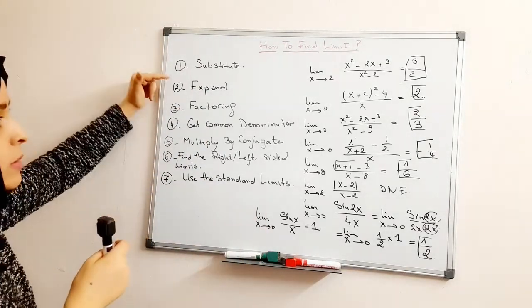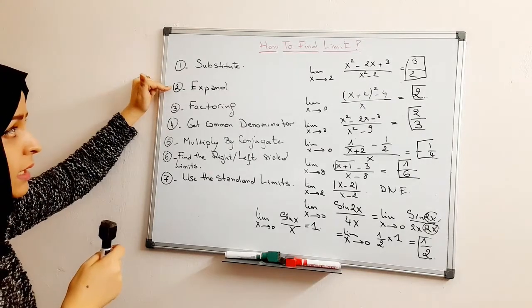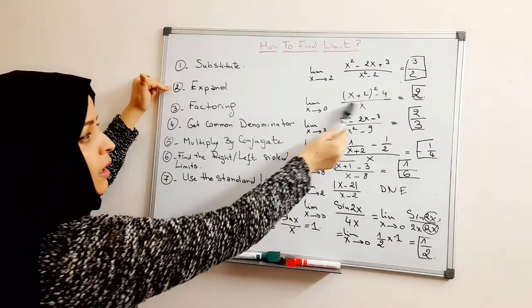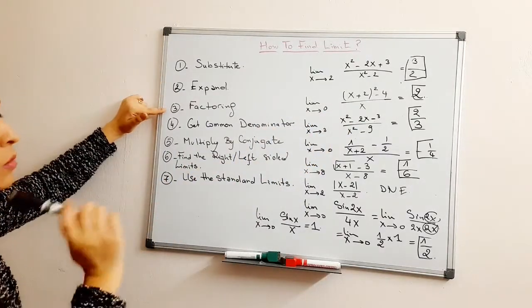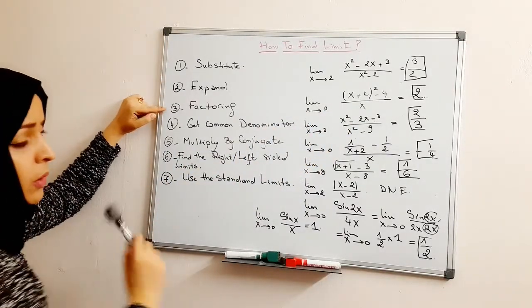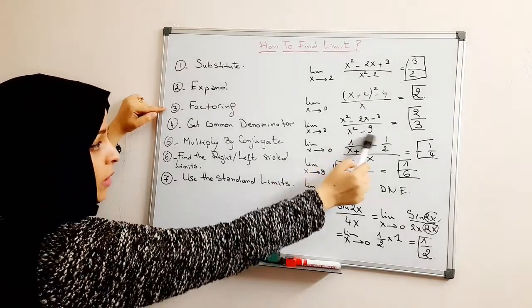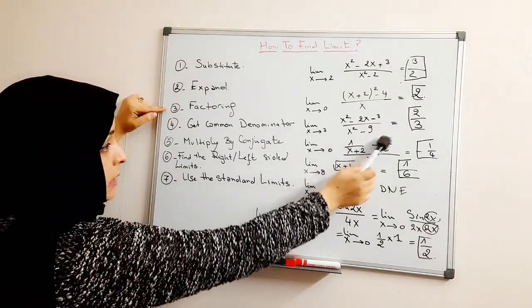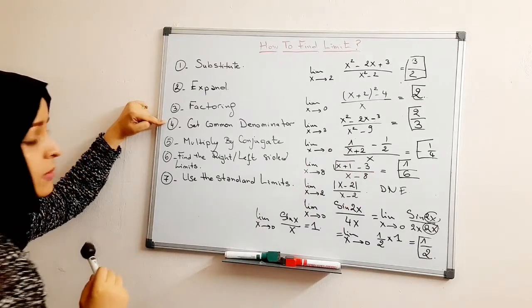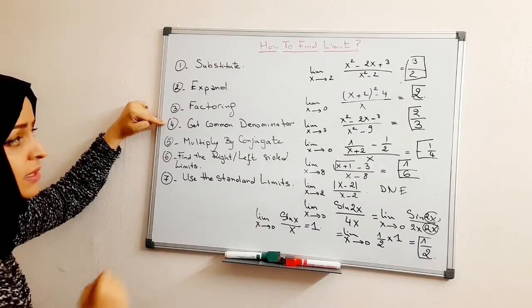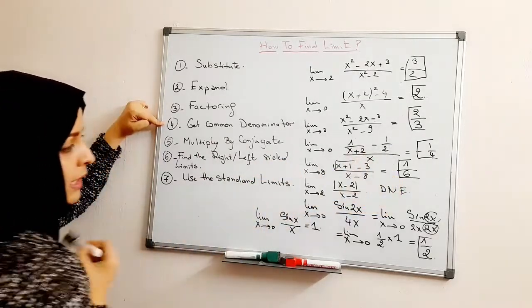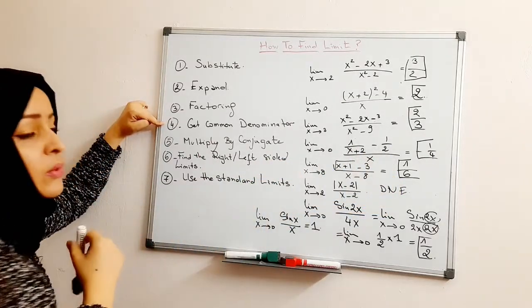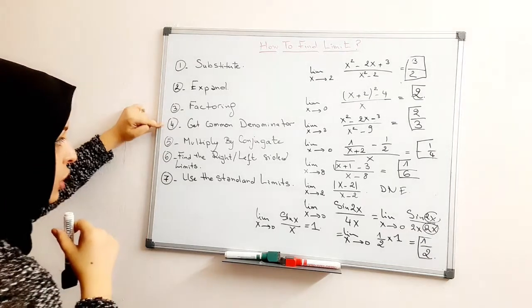Sometimes we will have to expand, sometimes we will have to factor when we have a remarkable identity, and sometimes we will have to get a common denominator if we have fractions, in order to simplify the expression of the function.